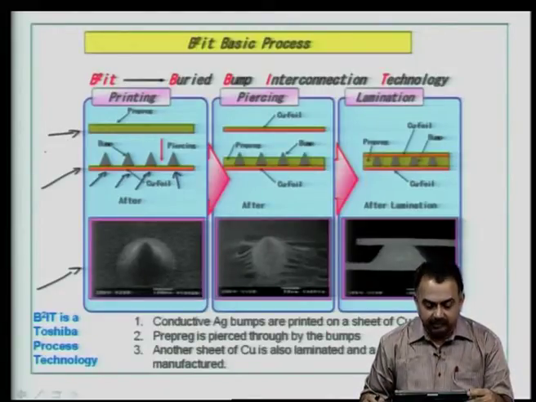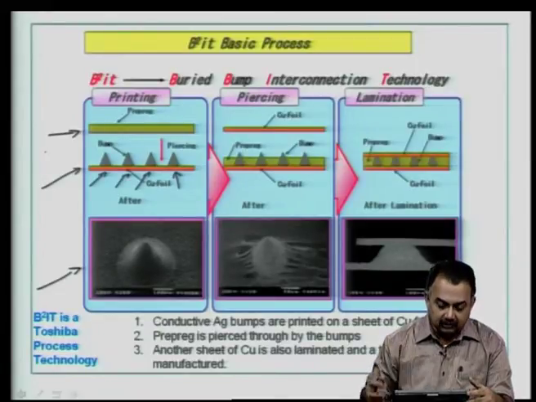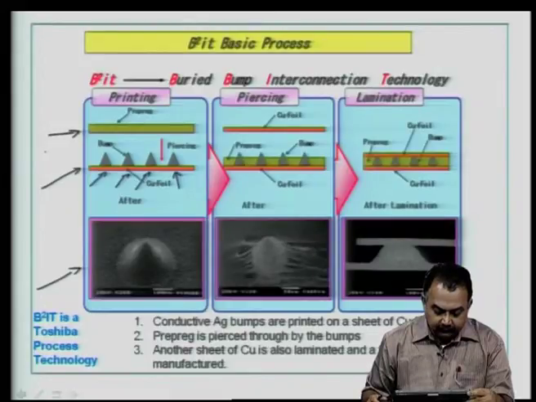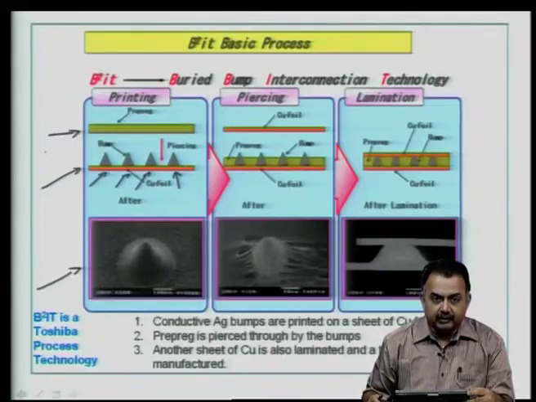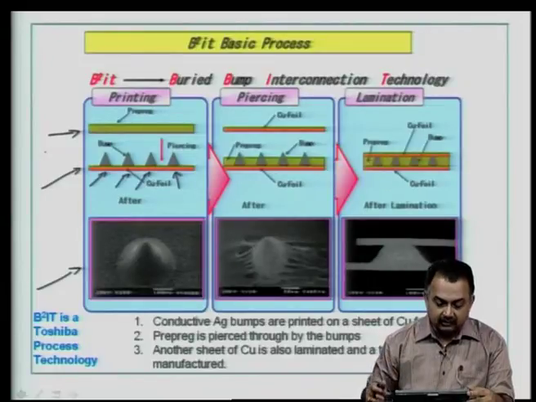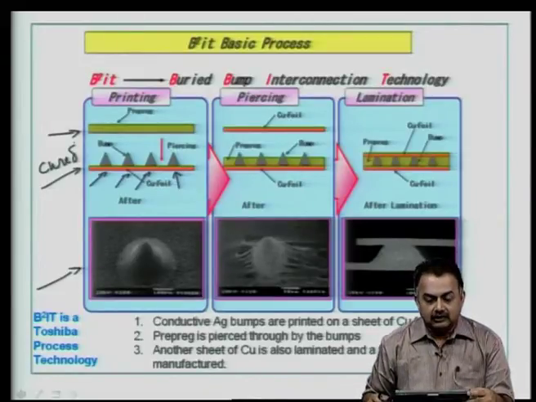All of you know what is a pre-preg material. It is an insulator material that is used as a sandwich between two conductor layers. So, here you are going to introduce the pre-preg and you are going to pierce through the structures that have been printed, and remember these structures will be cured, so that they are held in place.